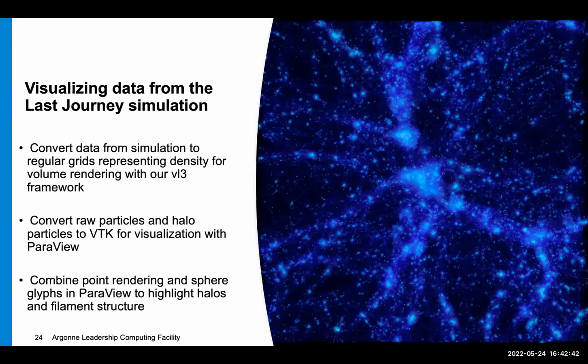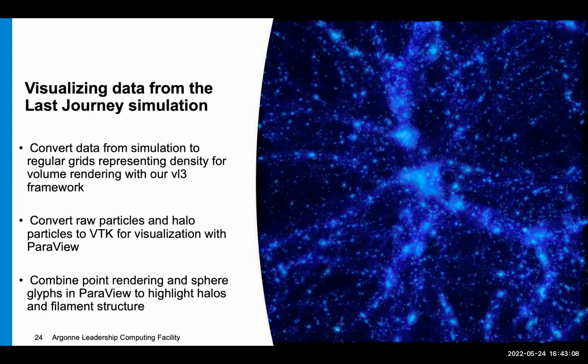With that regular grid, we visualize the data using a method called volume rendering, essentially casting rays and simulating the propagation of light in that, assigning materials to every different density.